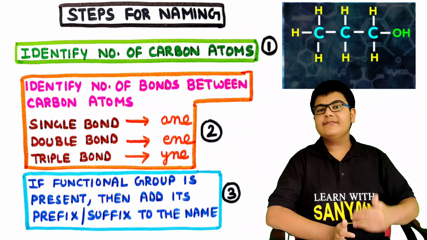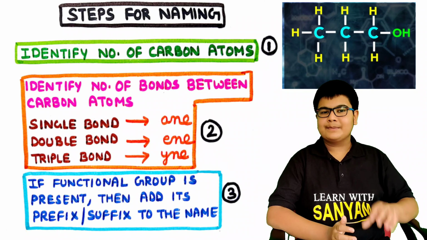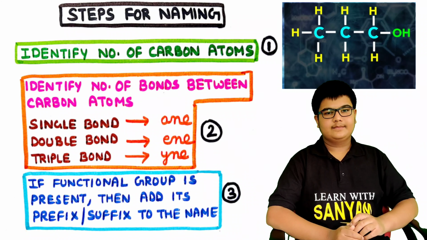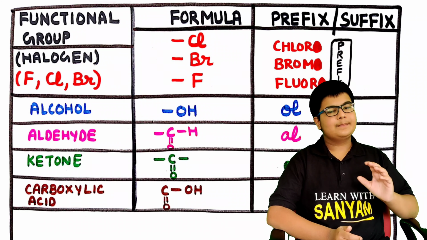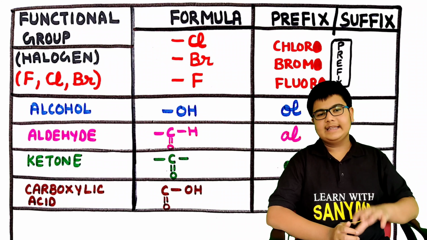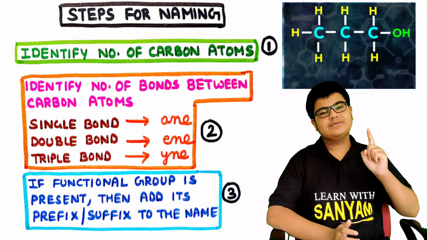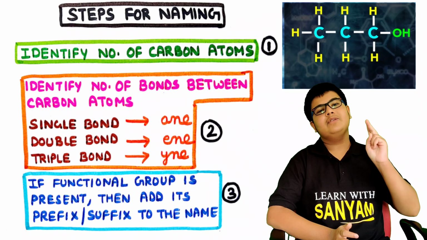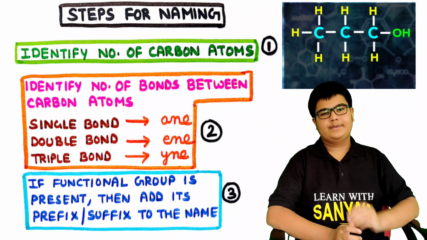And if we find any functional group, then we will have to add its prefix or suffix to the name. We have already discussed the prefixes and suffixes of the functional groups, and we will add them to the name. So basically the name will have three parts. The first is the number of carbon atoms, the second is the number of bonds, and the third is the name of the functional group.